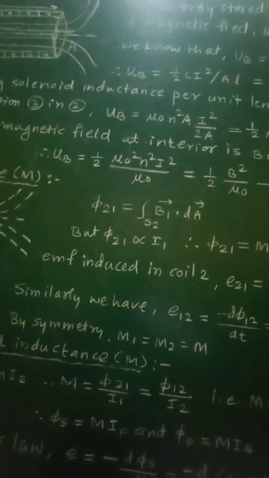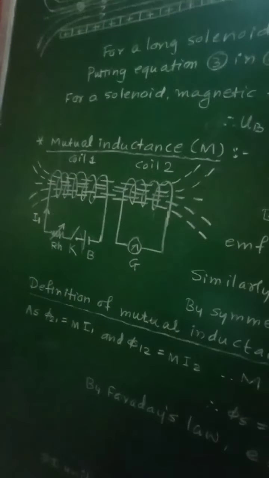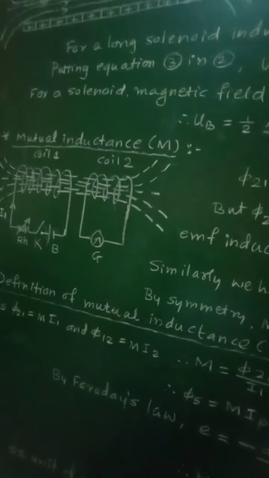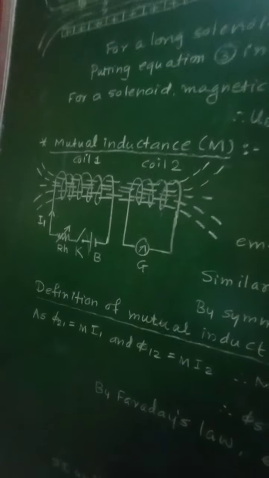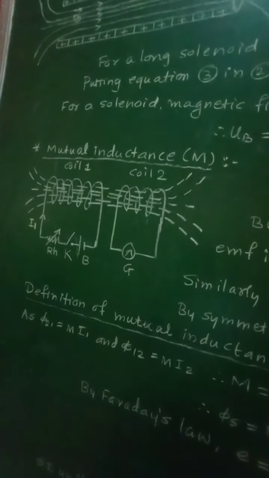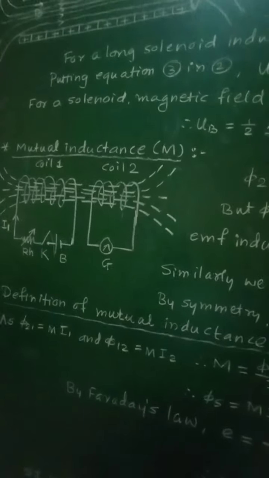Now if the current I1 flowing through coil 1 changes slowly, the magnetic flux linked with coil 2 will change, and EMF will be induced in that coil 2.